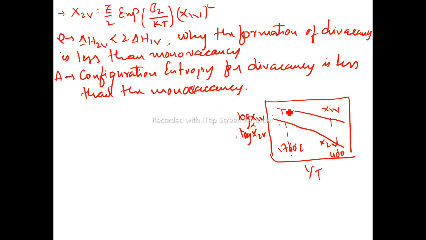But we can see the gap between these two. At lower temperature, the formation of di-vacancies is very small as compared to the mono vacancy. When we move towards a higher temperature, the gap is very small. That means the rate of increase in the probability of finding di-vacancies is more than the rate for finding the mono vacancy.